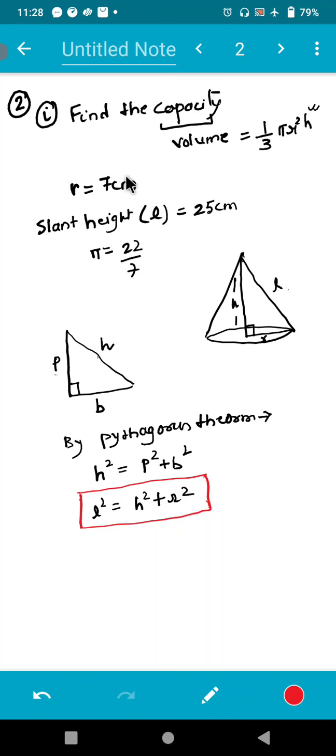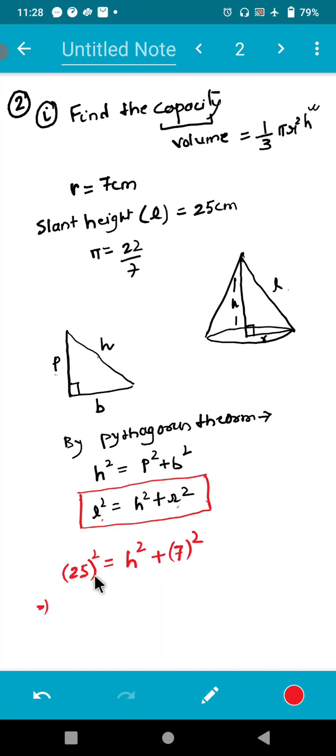Now as you see in the question, radius and L are given, that is R and L are given, and we have to find out H. So let us substitute the values: L is 25 square, H we do not know, and R is given, 7 square.